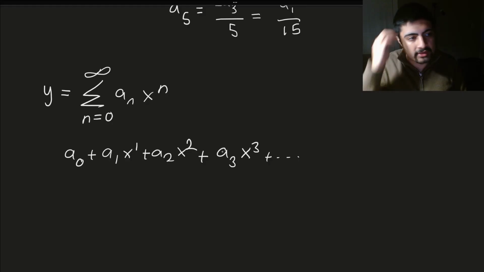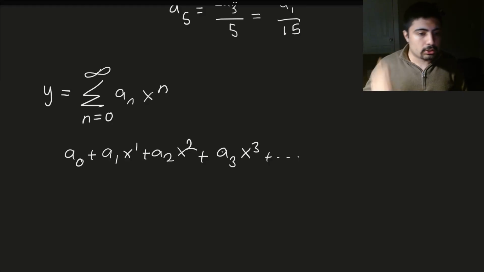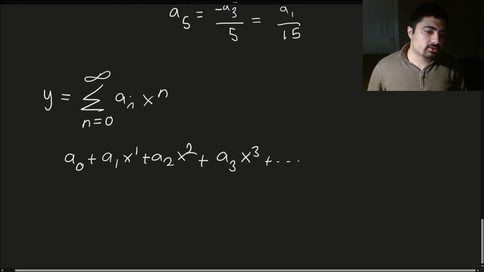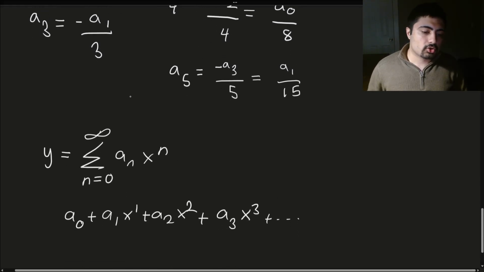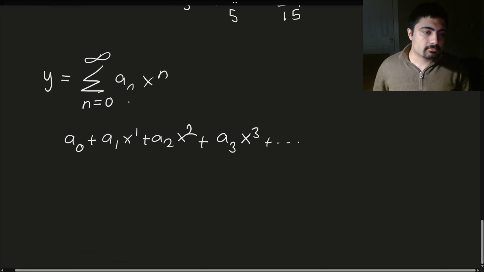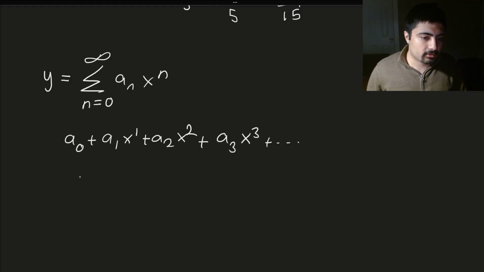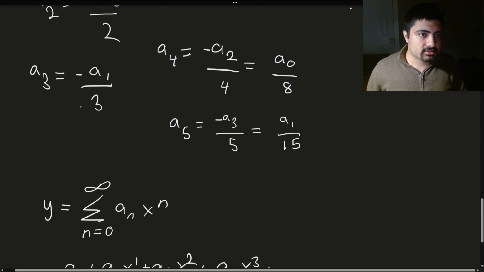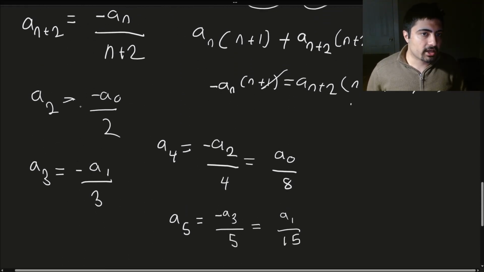Every a n term gets an x to the n term associated with it. So let's write it down. The best way to do this is to separate the odd terms from the even terms, so that we would make our life a lot easier. So let's start with the terms we have generated.